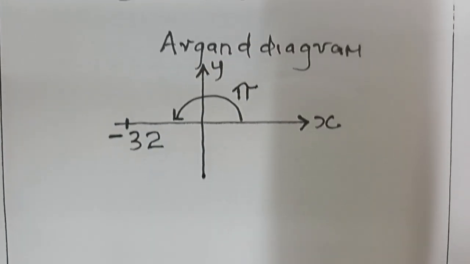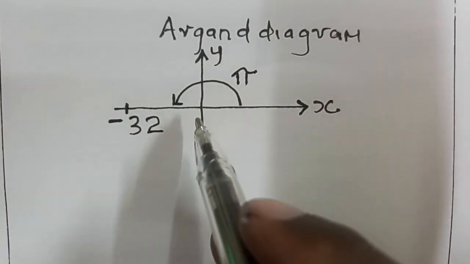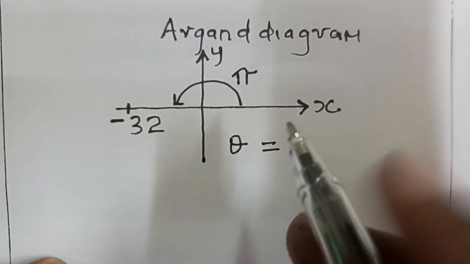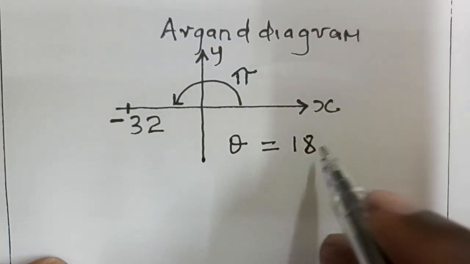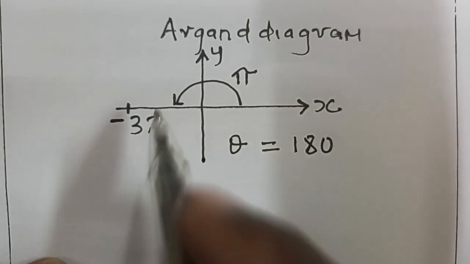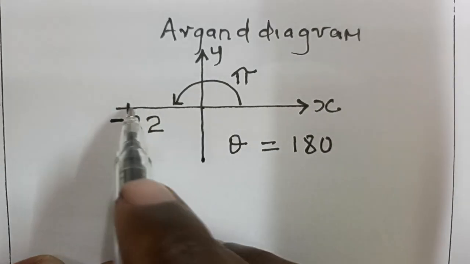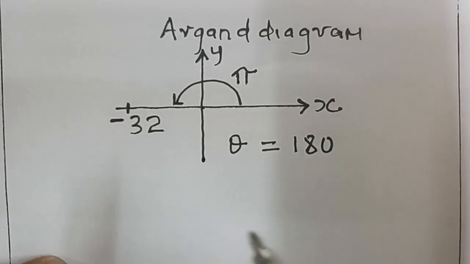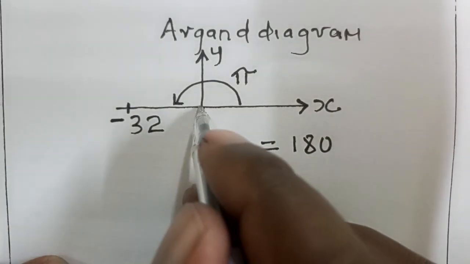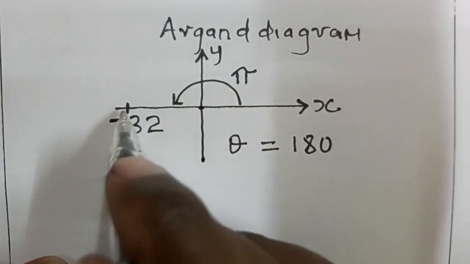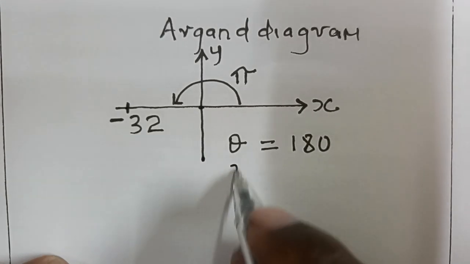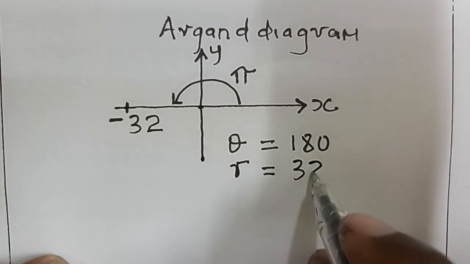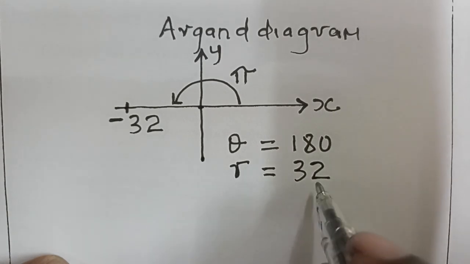First of all, we have the argument is 180 or pi, and then the modulus. The modulus is the length of that line, which is only positive. That is from the origin to that point, so r equals 32. This now represents the modulus.